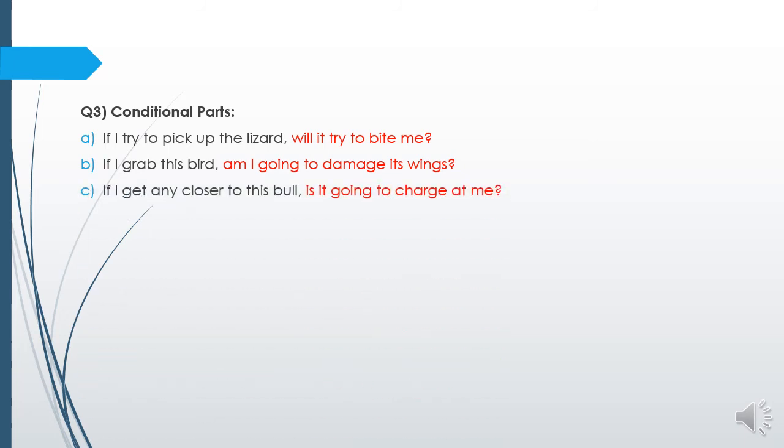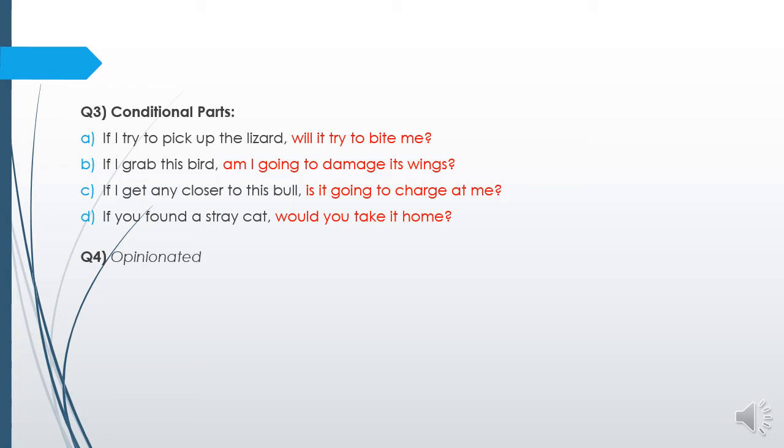If I get any closer to this bull, is it going to charge at me? Bull and charge also makes sense. And if you found a stray cat, a lost cat, a wandering cat, would you take it home? Take home and being lost also go together.